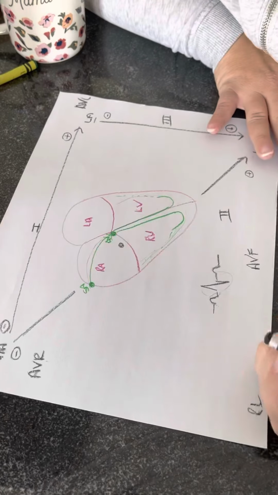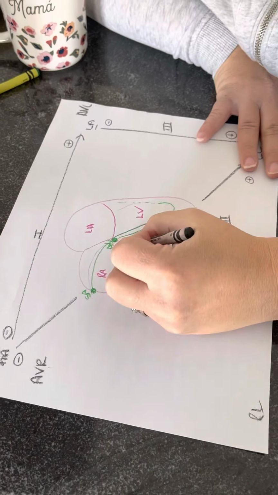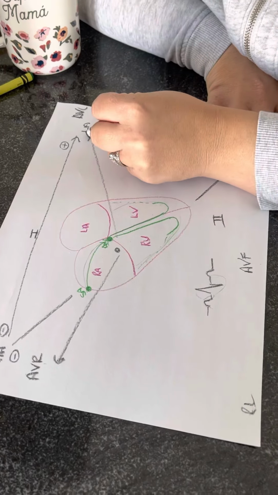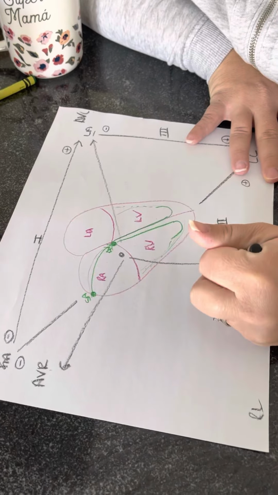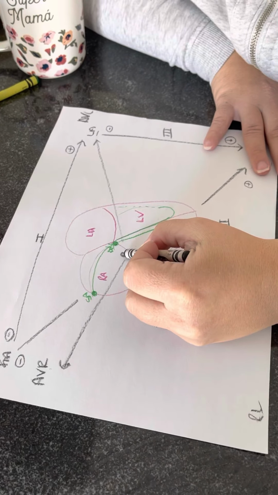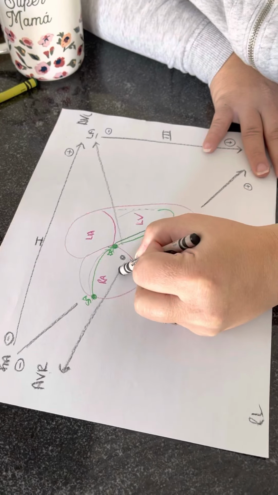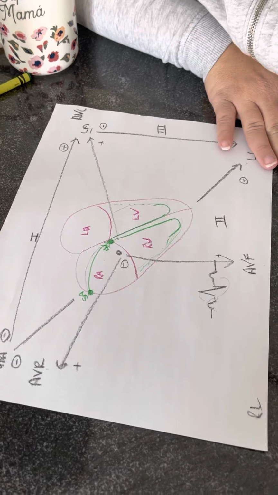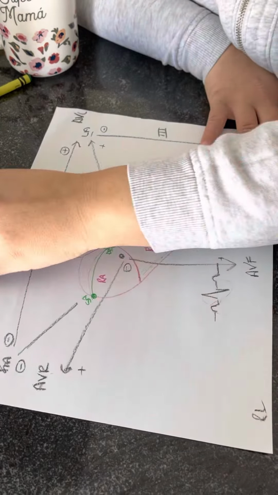It picks a center point, and they read out to them. So it reads out this way to AVR, this way to AVL, and this way to AVF. So when you're looking at changes, you're looking at changes in those directions, from a negative to a positive. Okay?